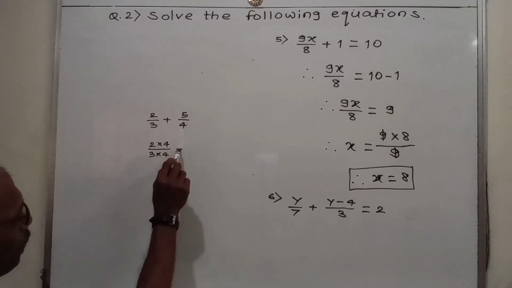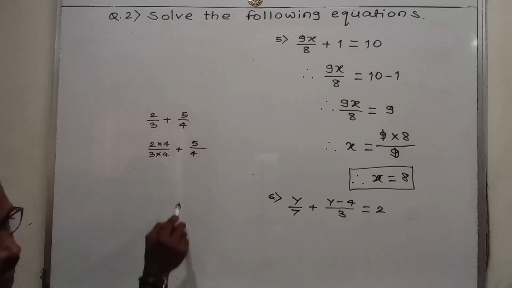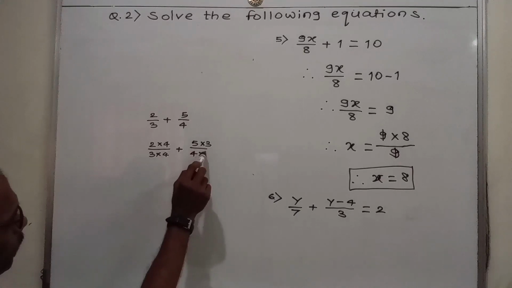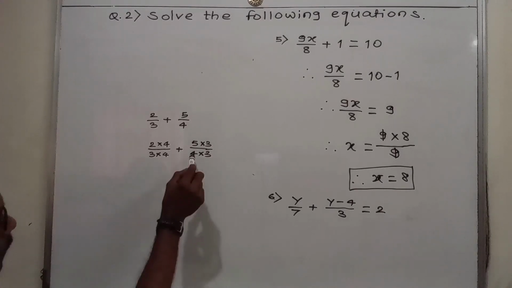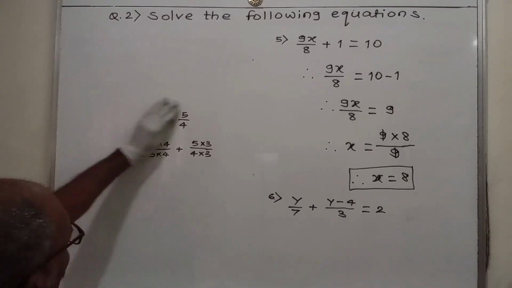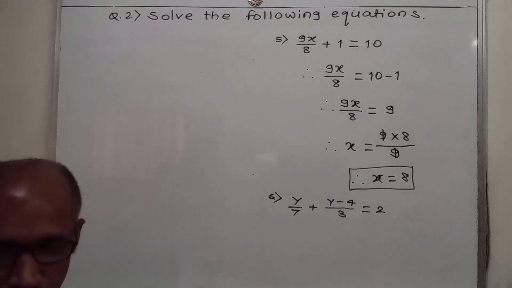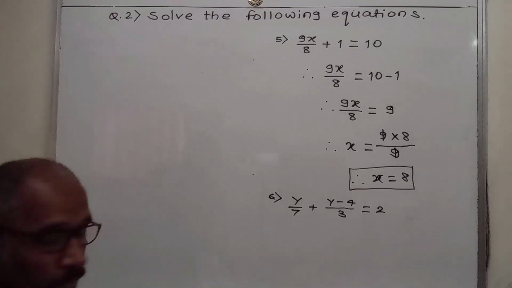And plus, we write this fraction and we take this denominator and multiply to both of these. See here, 3 into 4, 3 into 4 and 4 into 3. Did you get it? But here, cross multiplication, not taking 3 here like that.